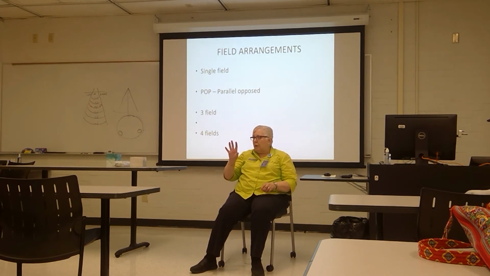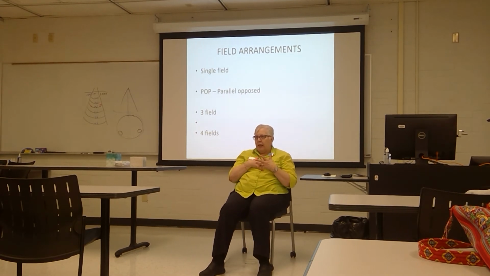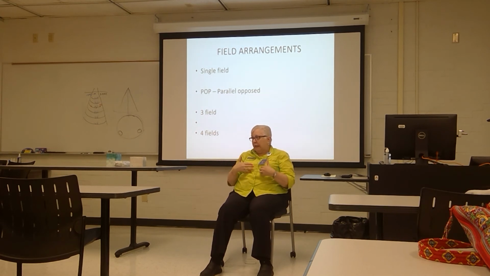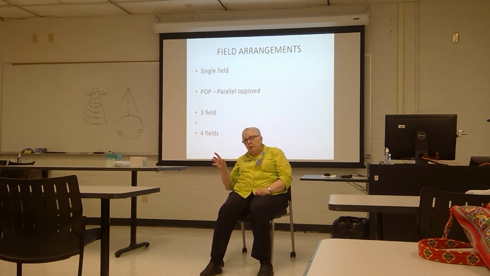So you either do an APPA for the first part and then obliques for the second part, or you do APPA for the first part and then IMRT for the second part.